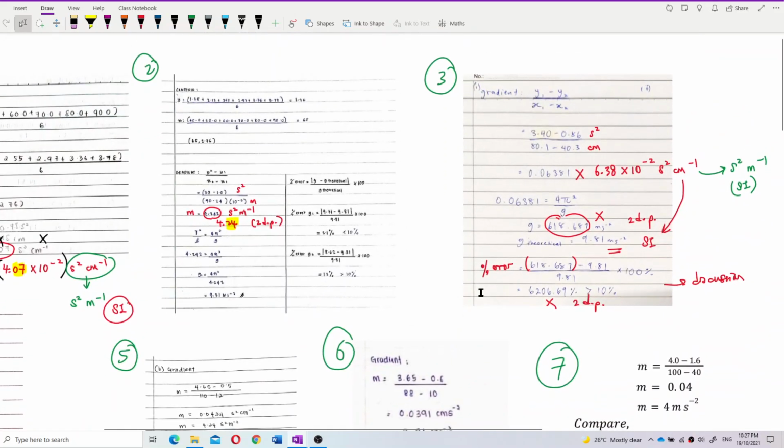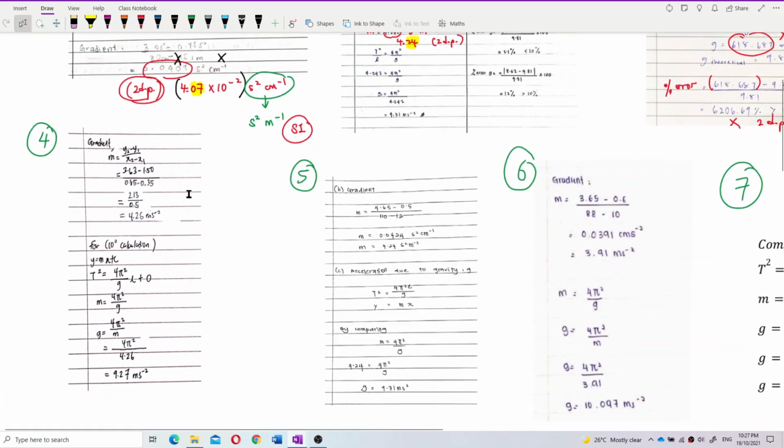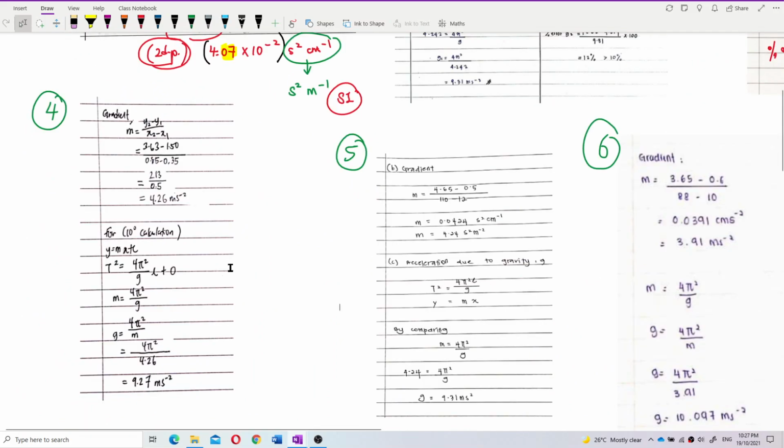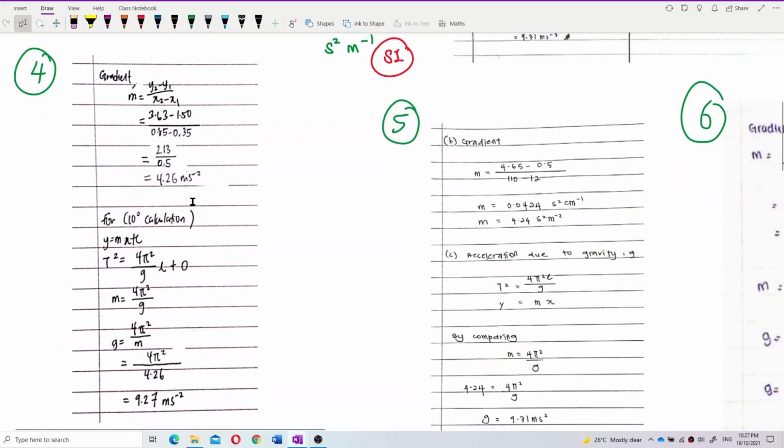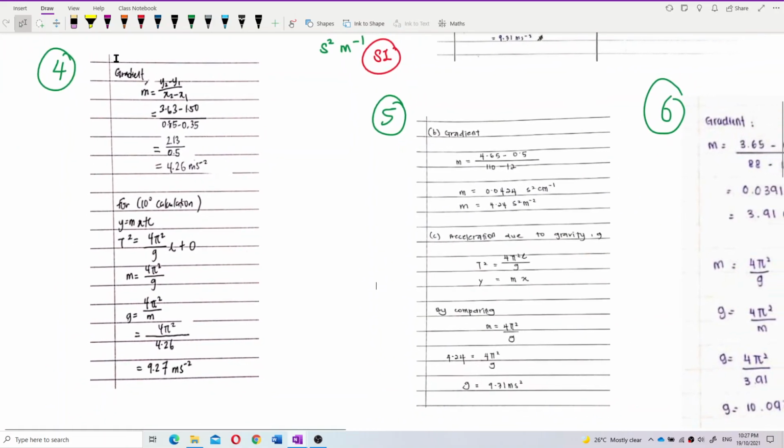So look at the next one. Okay, look at this person. You see this gradient and the required value, why do they have the same unit? This one and this one.